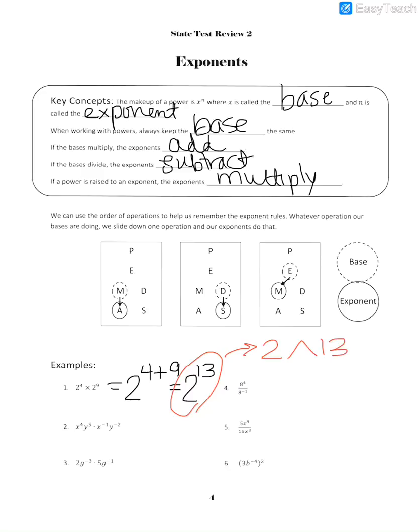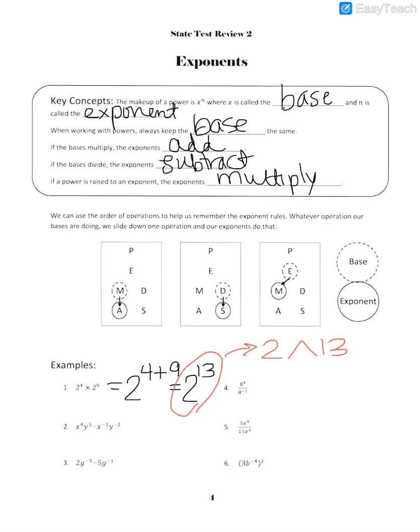And that would show me that that was your answer, 2 to the 13th. I'm not 100% sure, but I think the caret button on your computer is a shift on one of the numbers that you have up there. So find that.